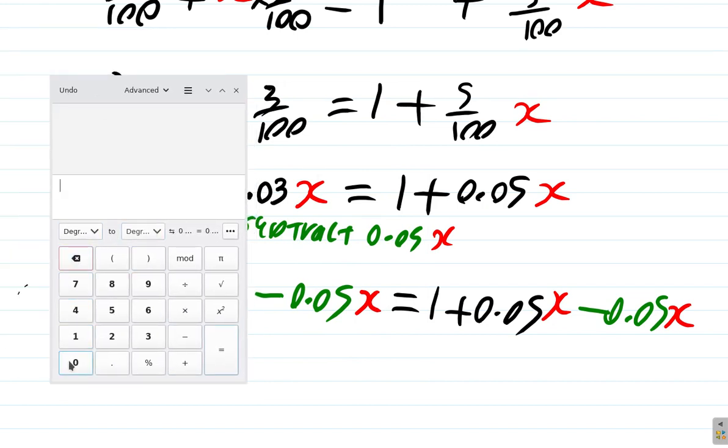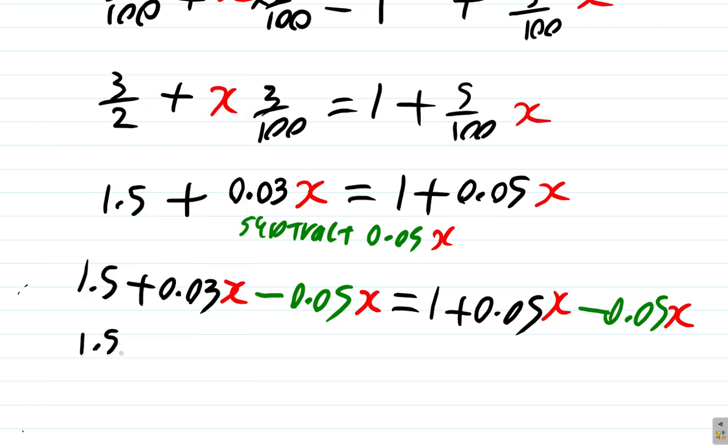And let me put in the zeros. 0.03 minus 0.05 equals, you're going to have a negative 0.02. So minus 0.02x equals, now notice 0.05x minus 0.05x, that is 0. That's gone. Alright? So all you have over here is 1.